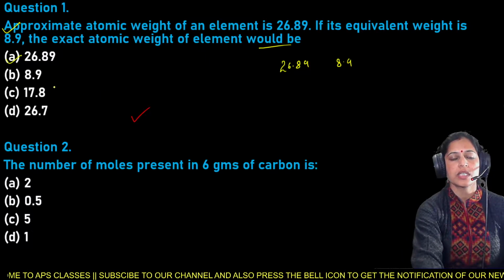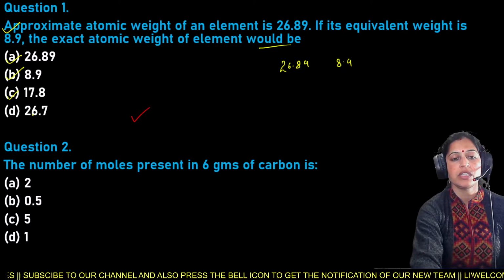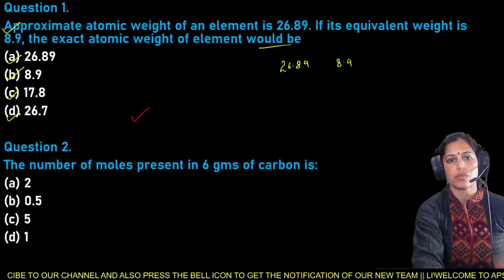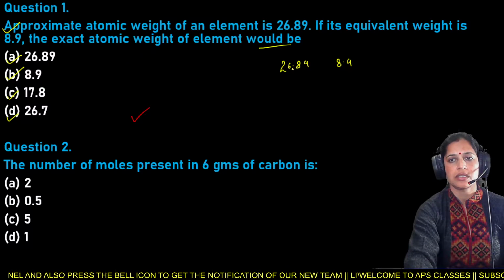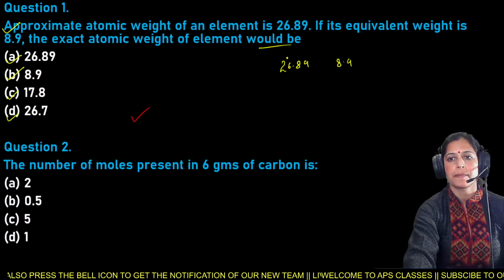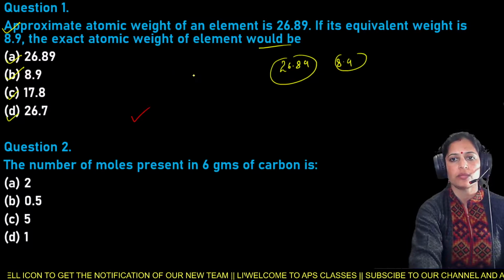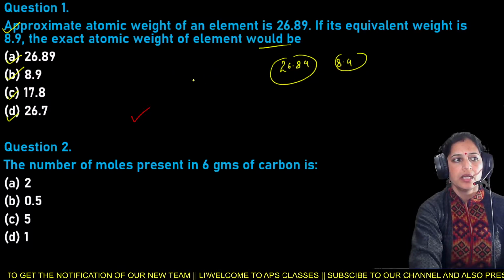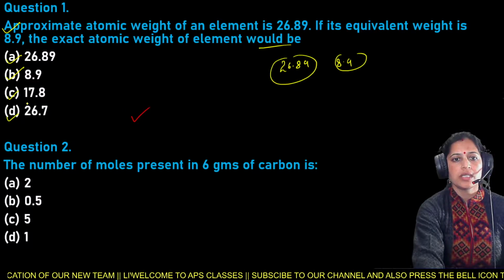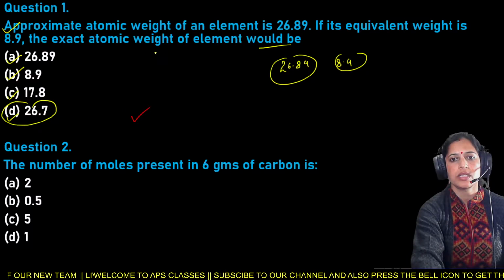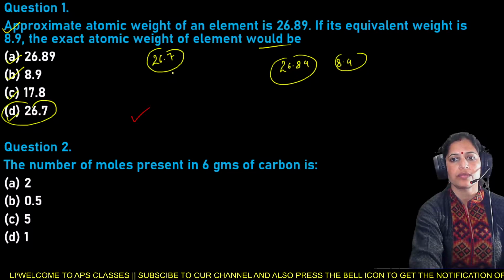Options are A 26.89, B 8.9, C 17.8, and D 26.7. The answer is 26.7, the exact atomic weight of the element.